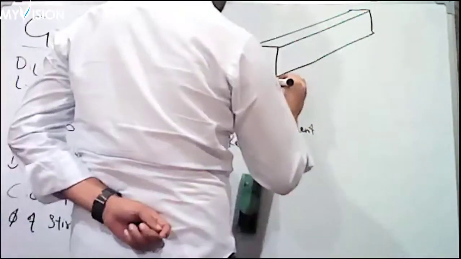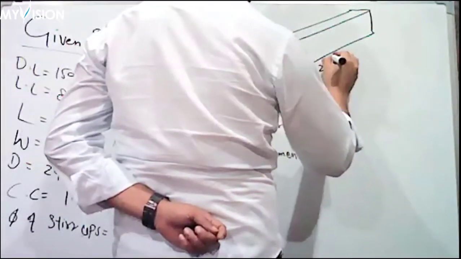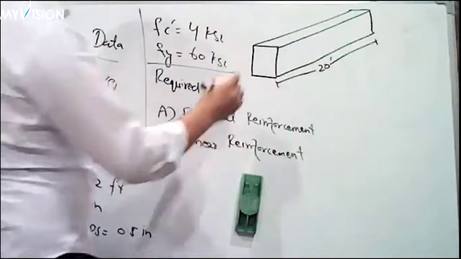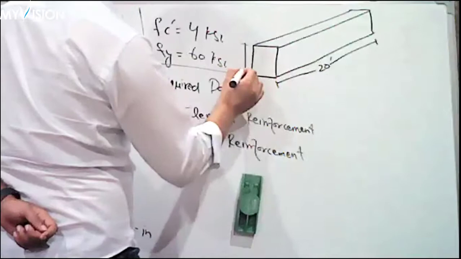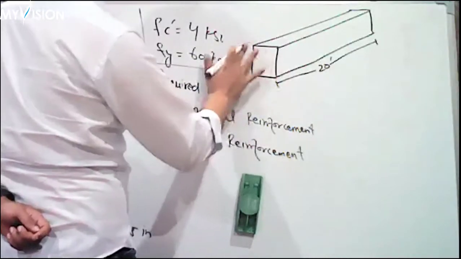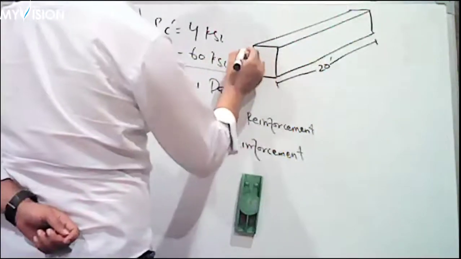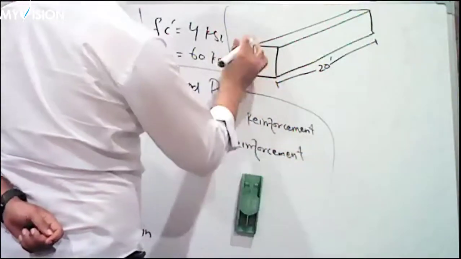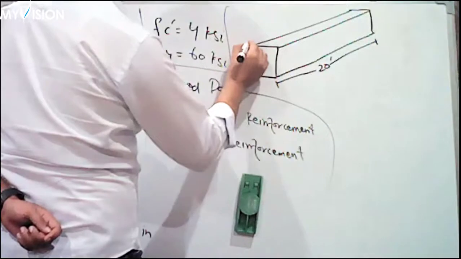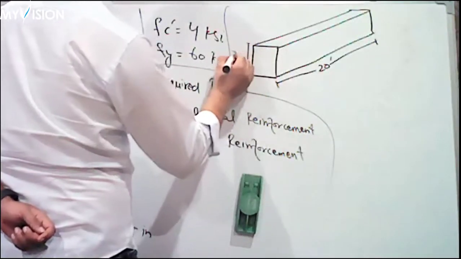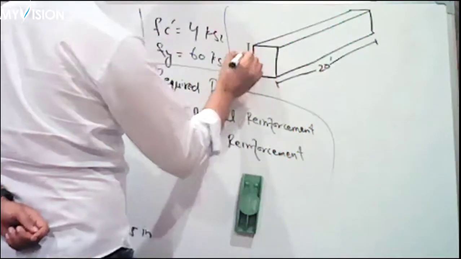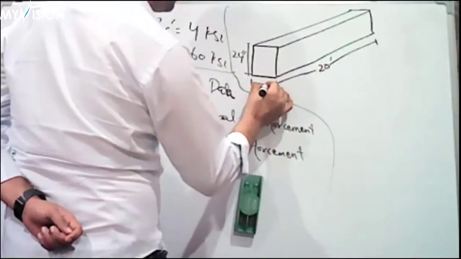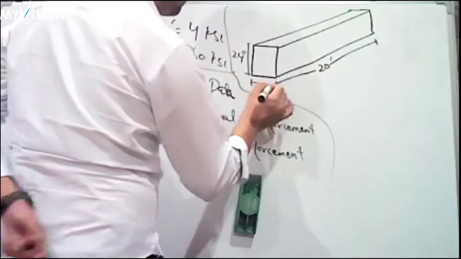The length of this beam that is mentioned is 20 feet. The depth of this beam, from here to here, is 24 inches, and this cross section width is 16 inches. Clear?